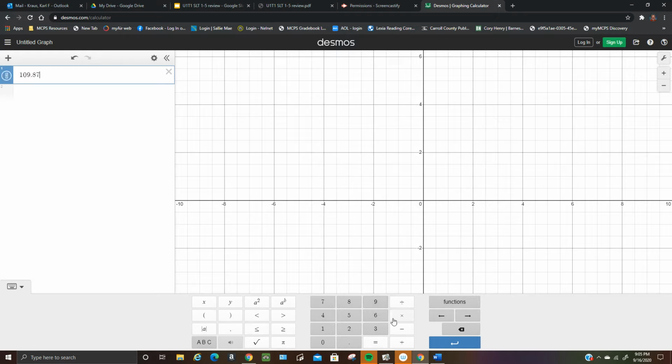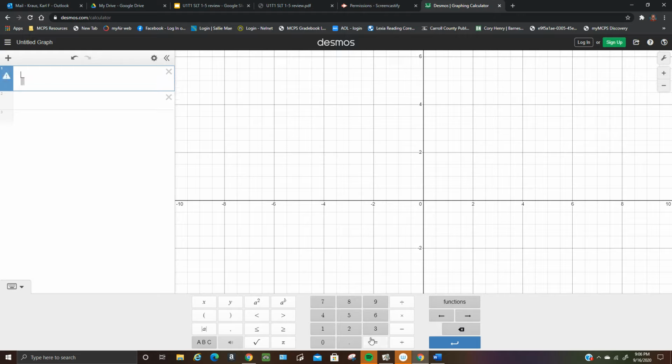109.87 minus 49.99. You get an answer there, and you want to take that answer and divide. Let's see what happens if I divide. Oh, no, I don't want that, so let me undo that. Let's do this here.